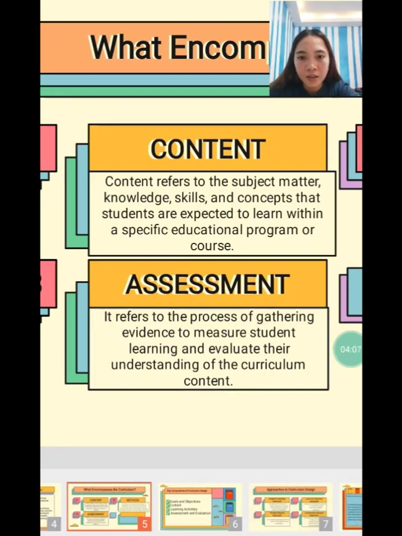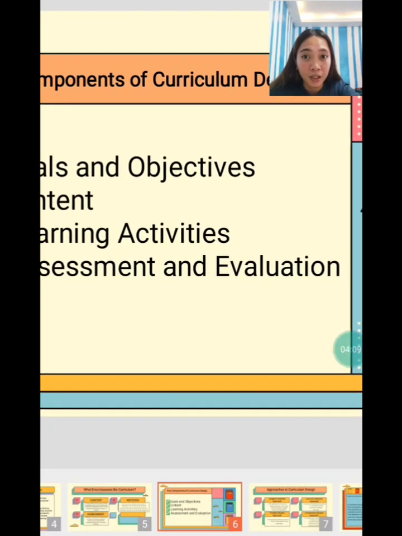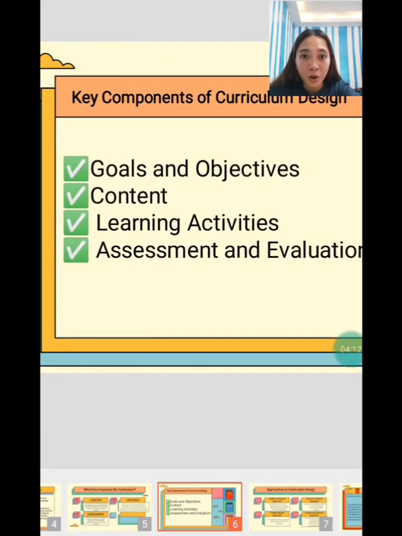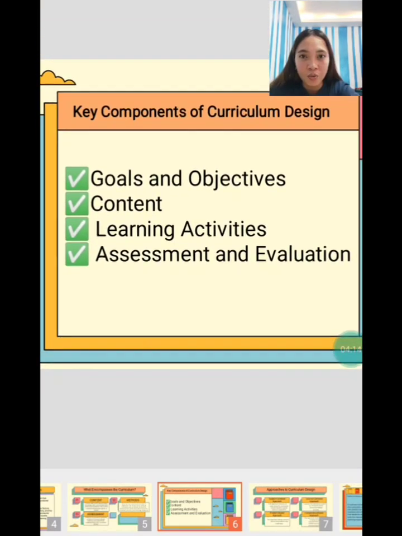Next slide is about the key components of curriculum design, which is goals and objectives, content, learning activities, assessment, and evaluation.